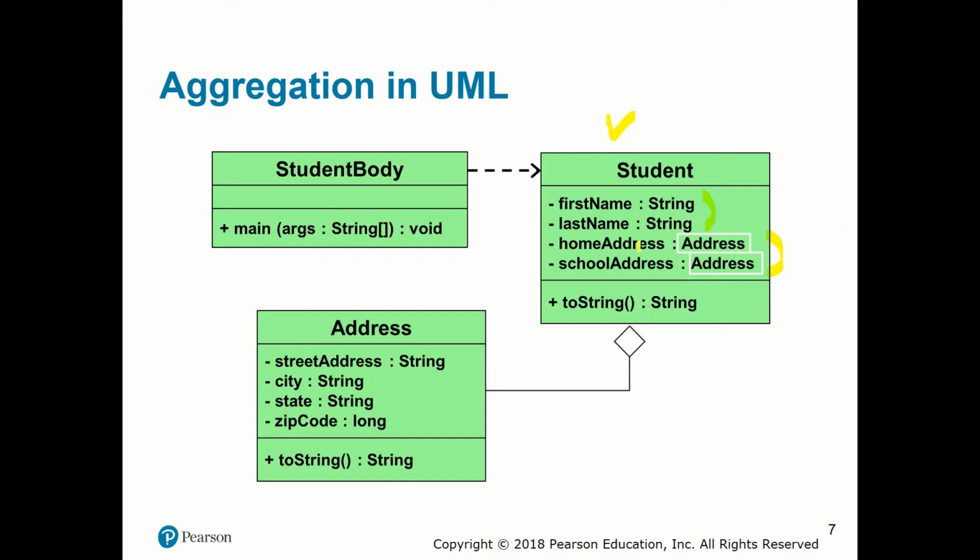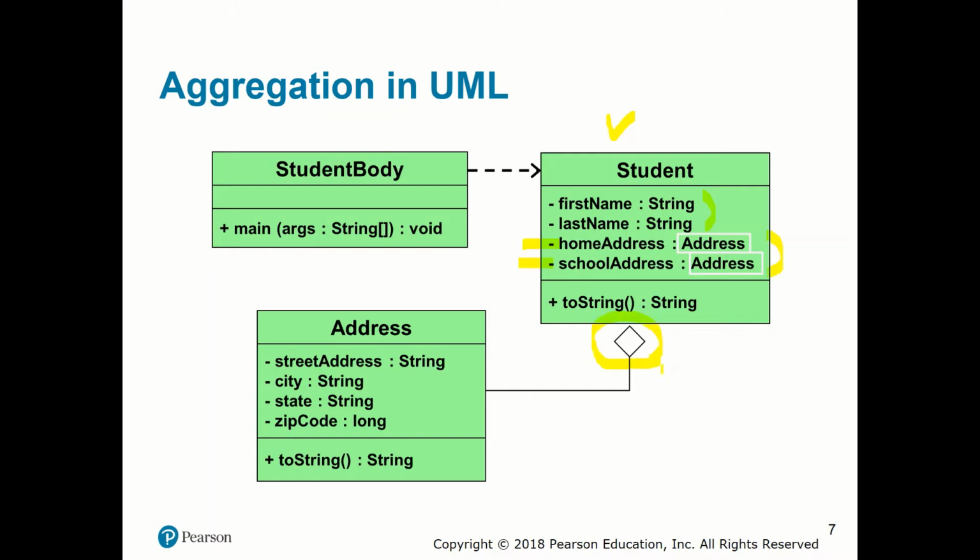And each address is created by the address class. See that? So home address and school address are also objects. The student object has address objects. This is the aggregation relationship, and this symbol means aggregate.